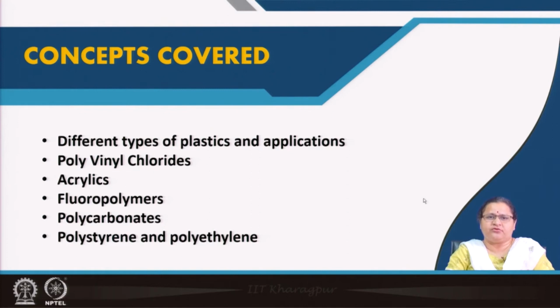So, we will try to cover the polyvinyl chlorides, which is the third most used plastic material in this industry. We have acrylics, fluoropolymers, polycarbonates, polystyrene and polyethylenes. So, we will try to find the specific properties that make it usable for the particular purpose.